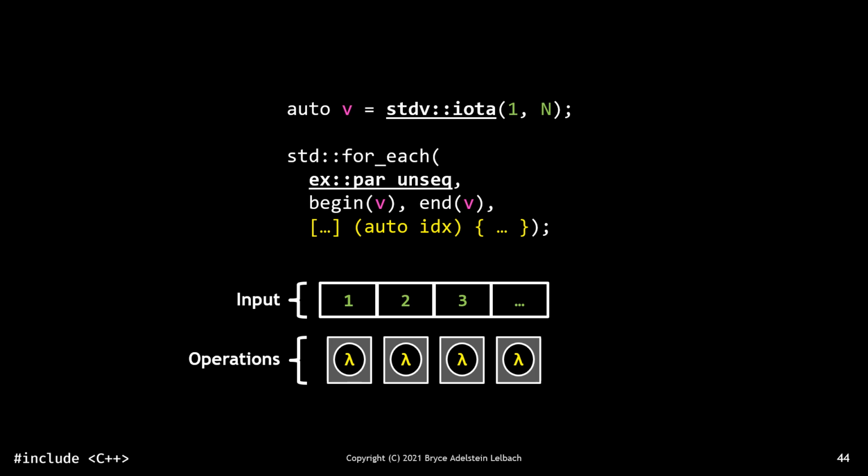It produces a range of monotonically increasing integers. For example, iota(1, n) will produce a range of all integers from 1 to n minus 1. Instead of passing iterators to a container to a parallel for_each, we can instead pass an iota range, giving us a parallel for over indices instead of objects.